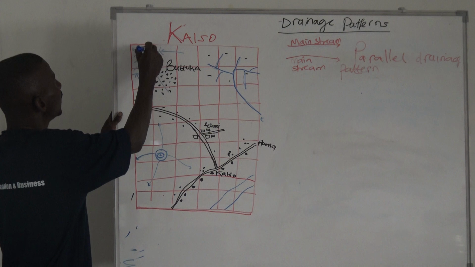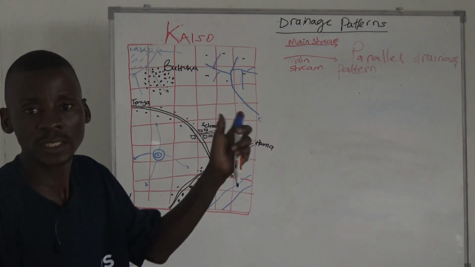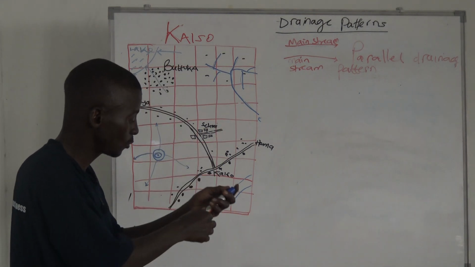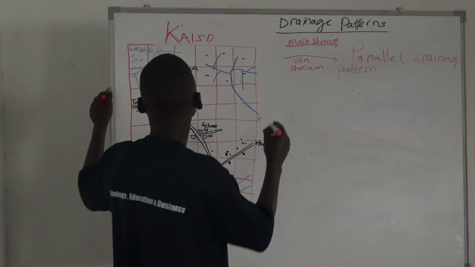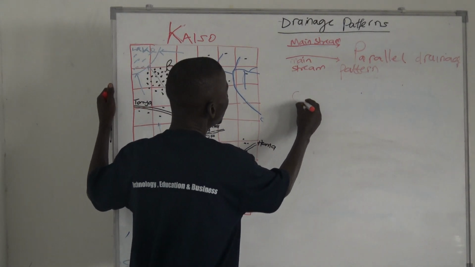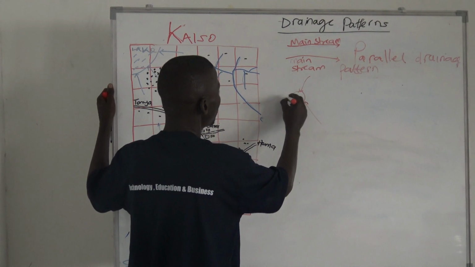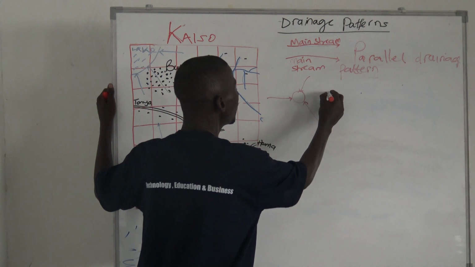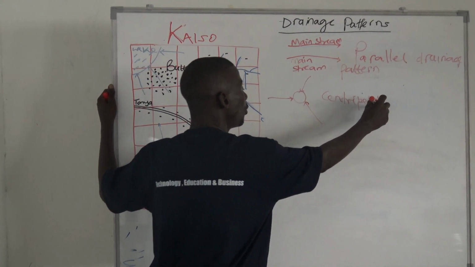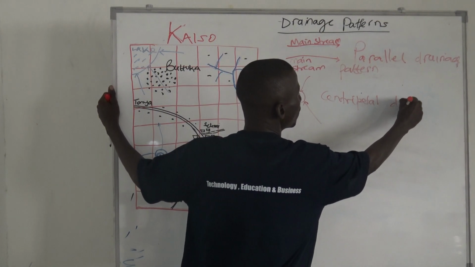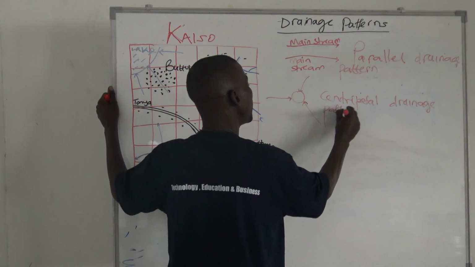Maybe this is a lake. Rivers originate from opposite directions, but they all pour water in one central point. This one is said to be maybe a lake. It is called a centripetal drainage pattern.